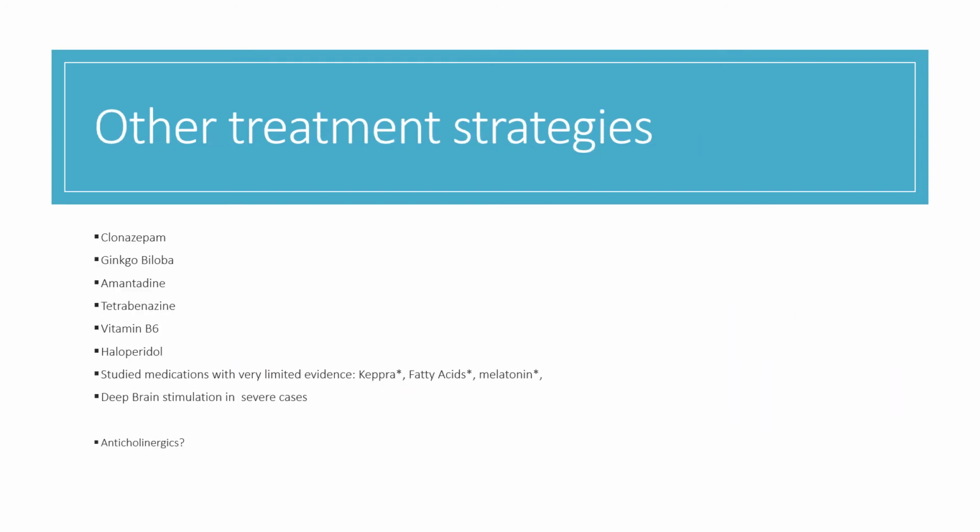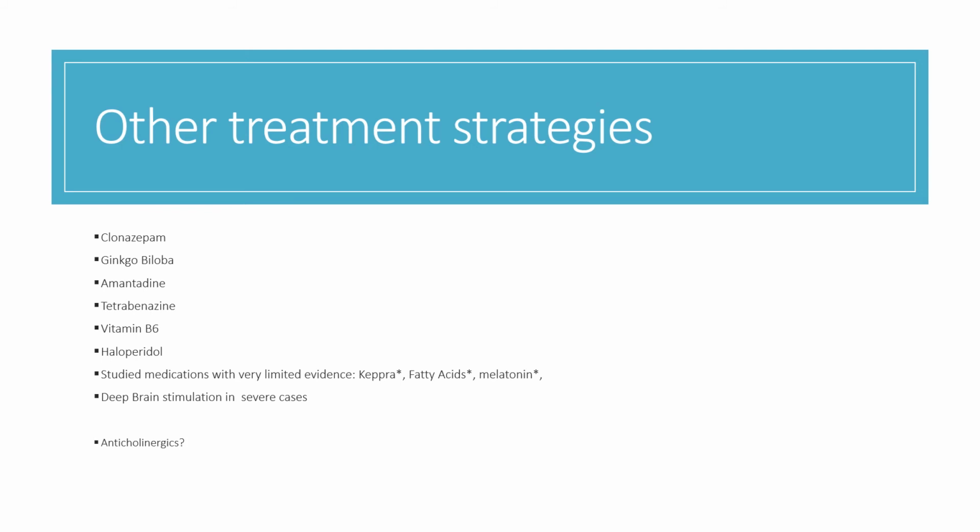Other treatment strategies that have been looked at and have shown some efficacy include clonazepam, ginkgo biloba, amantadine, tetrabenazine, as I previously have mentioned, vitamin B6, and haloperidol. With these medications, however, the trials have been very small, and the information is weak, but they have shown some efficacy.